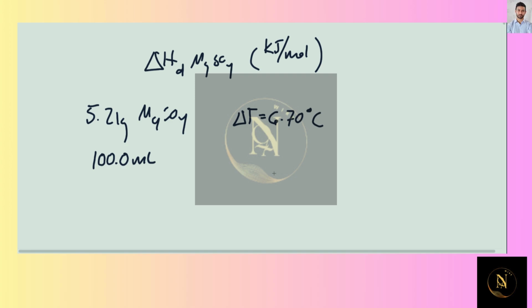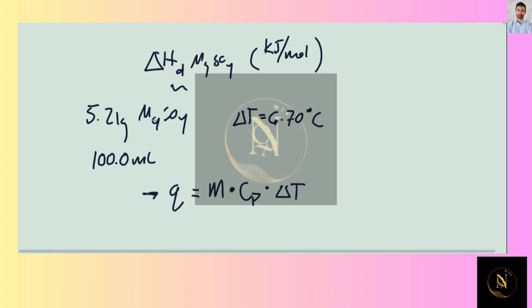So what is the equation that we need here? Well, the heat of a reaction, in this case a dissolution, is equal to the mass of the water heated times the heat capacity of the water heated times the change in temperature of the water heated.